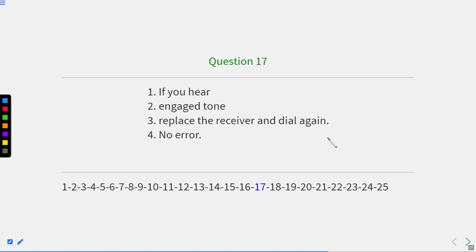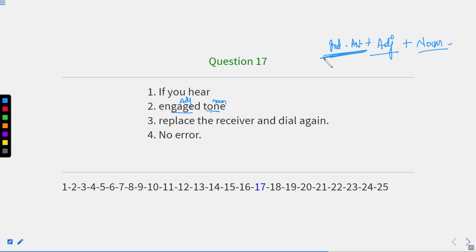That is question number 17. If you hear engaged tone, now tone is a noun and engaged is an adjective. Whenever we have this particular structure of a sentence in which we have an adjective, then a noun, we need to put an indefinite article before it. That depends on the adjective, but the noun is mandatory.